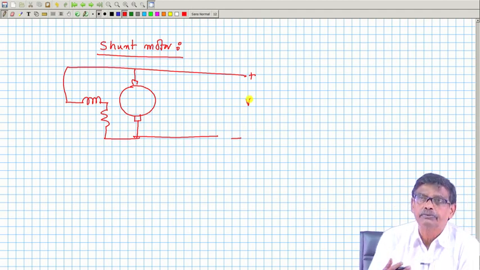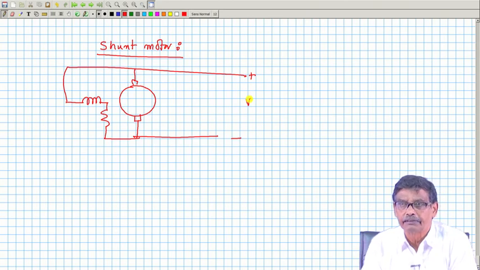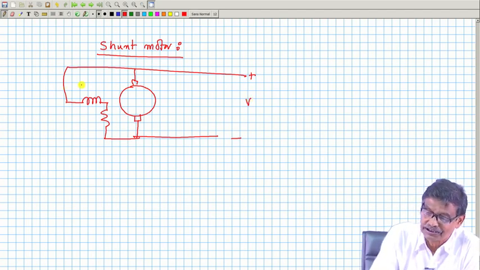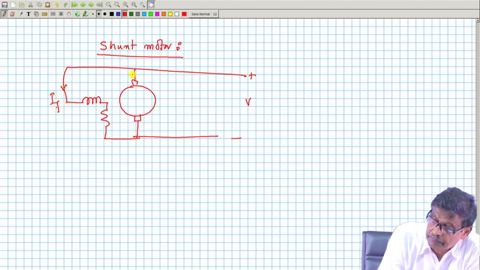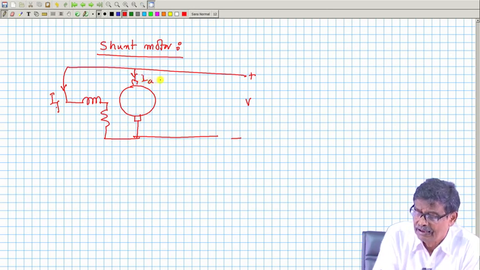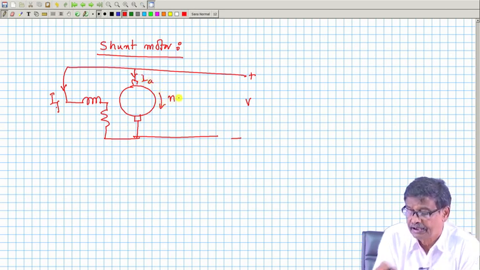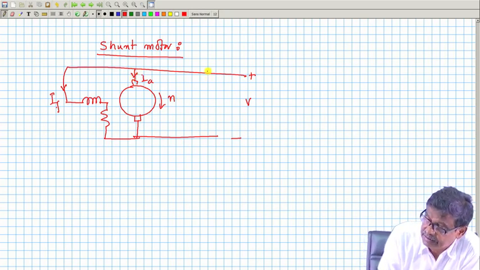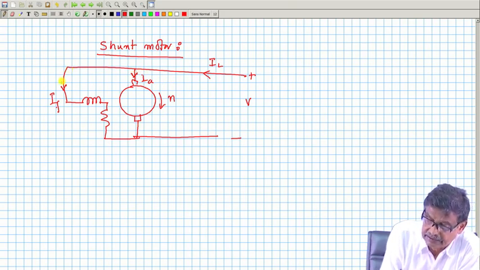Shunt generator, to generate voltage, there are several steps, I told you. In case of a shunt motor, do not care, because you are injecting current. Here this voltage is well defined, there will be some field current flowing here, there will be some armature current flowing here, and suppose the machine is running steadily at this RPM, then the current drawn from the supply is called the line current, and this will be divided into two halves, IA and IF.